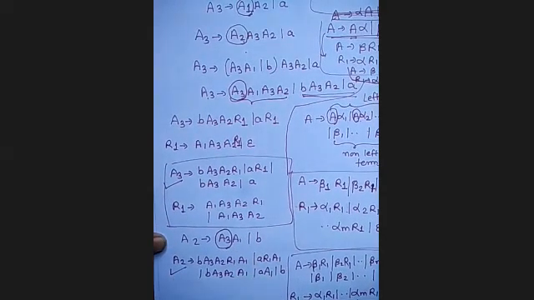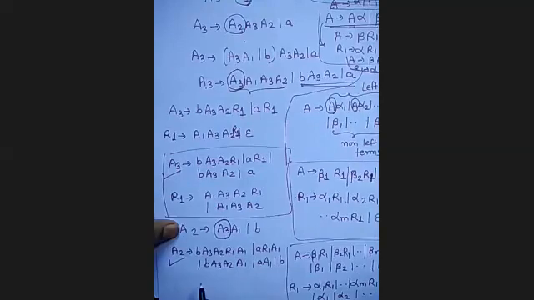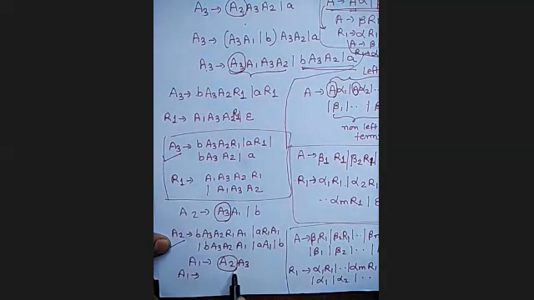Yeah, A2 is complete now. A2, A3 are in that format. So what we need now? A1. A1 derives what? A1 already is what? A2, A3. So what we have to do? Substitute the productions of A2 in the A1. So you'll get what? If I substitute, A2 is replaced by all of this, and that is concatenated with A3. So 1, 2, 3, 4, 5 productions are there.